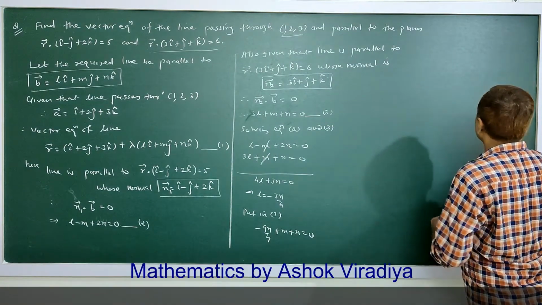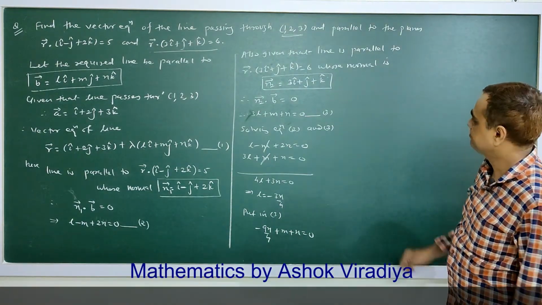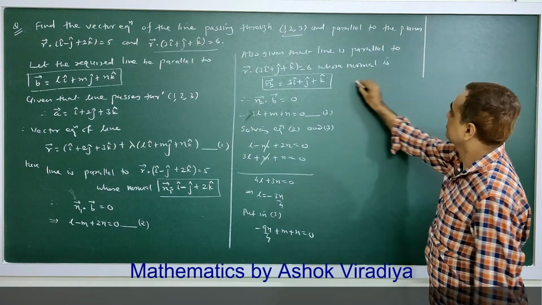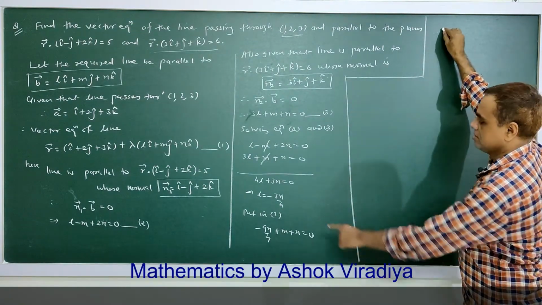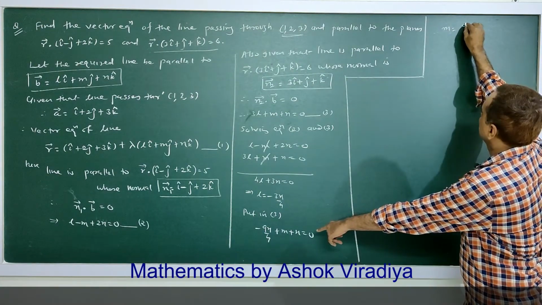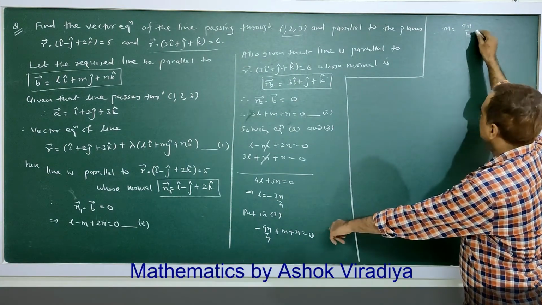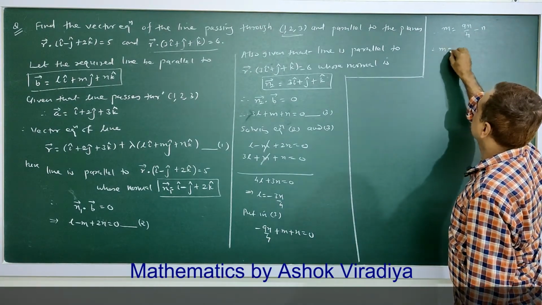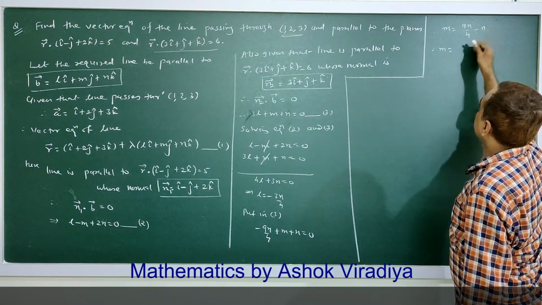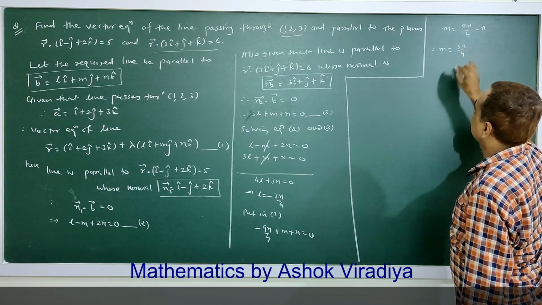Now going to get value of m in terms of n. Therefore m is equal to 9n by 4 minus n. So m is equal to 9 minus 4, 5n by 4.